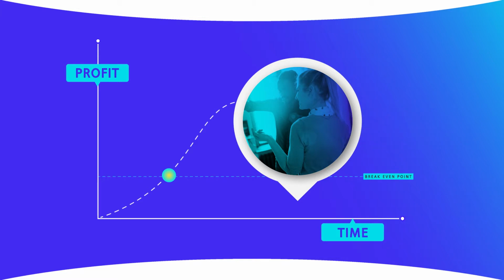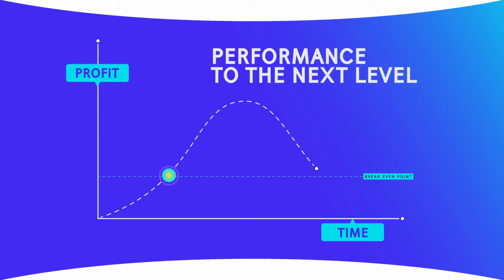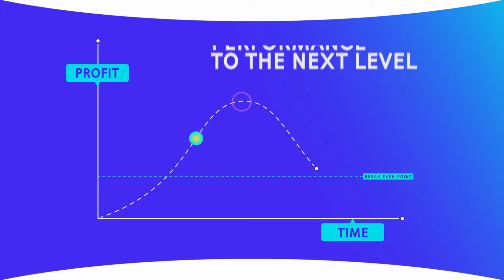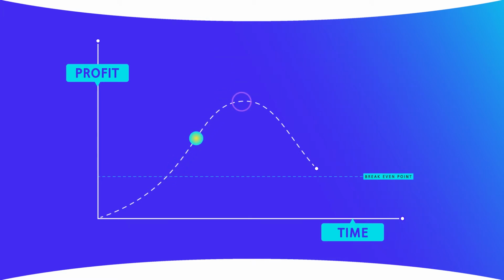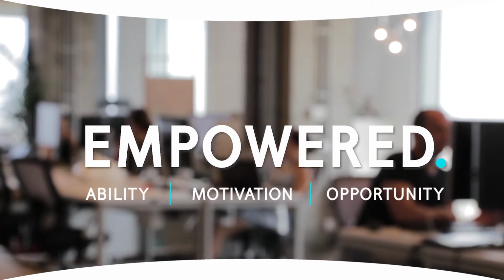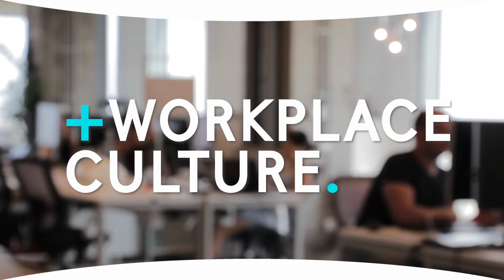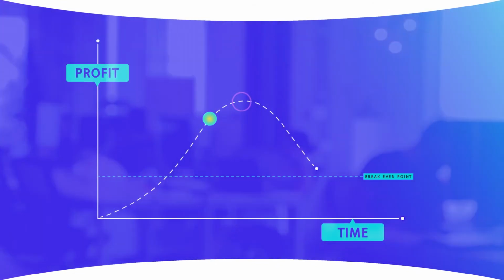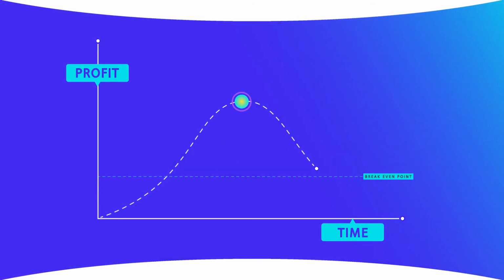This means the next priority is to take their performance to the next level. It's important to note here that there can be a significant gap between an individual maintaining an average performance and actually performing at their peak. When employees are empowered, have the right mix of ability, motivation and opportunity, plus the right workplace culture, they can take their performance to the next level, peak performance.